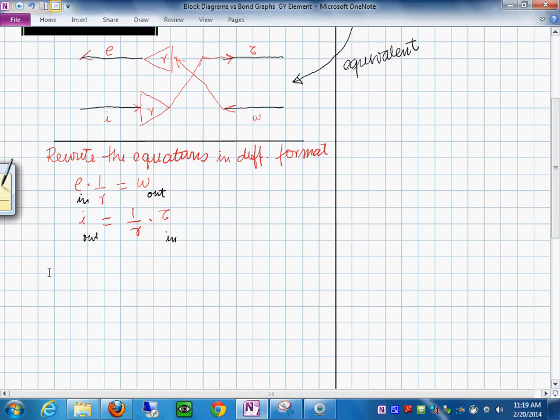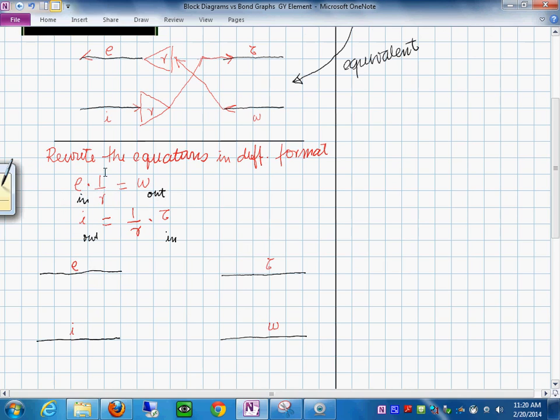Also, in here you have two variables, and on the other side you're going to have two variables too. On this side you're going to have the E and the I, and in this case you're going to have tau and the angular velocity.